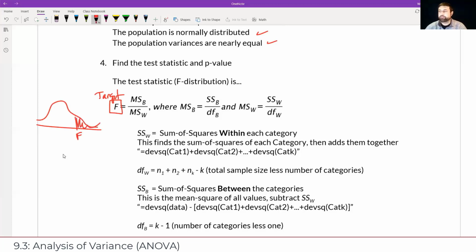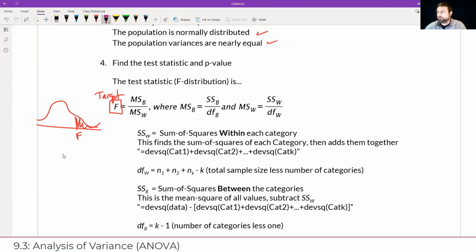So what goes into F? Well, F is composed of MS sub B and MS sub W. And these things are composed of SSB and its degrees of freedom, and SSW and its degrees of freedom. So what in the world are these things? We're just explaining the overall structure, and now let's talk about the ingredients. So what is SSW?